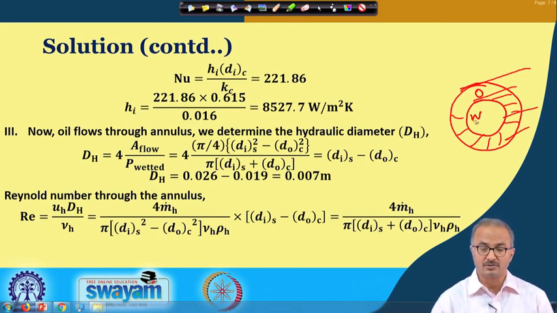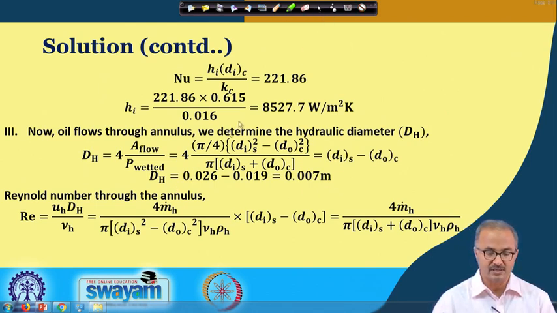So this is pi d, the wetted perimeter, and after this mathematical reduction, it is basically d_is minus d_o. That means it is simply the difference between the diameters, the inner diameter of the outer tube and the outer diameter of the inner tube. Now we put the values over here and we get the hydraulic diameter as 0.007 meter.